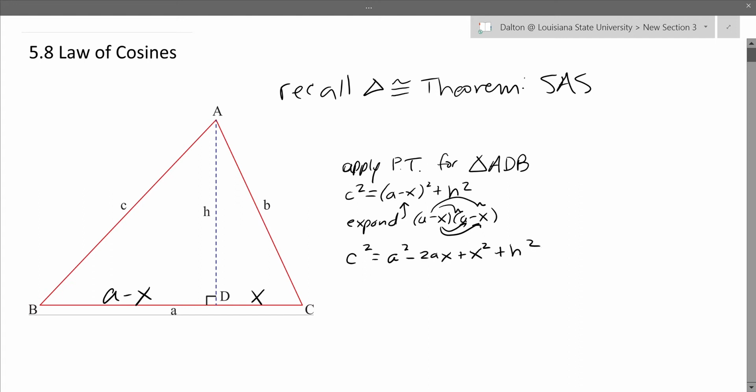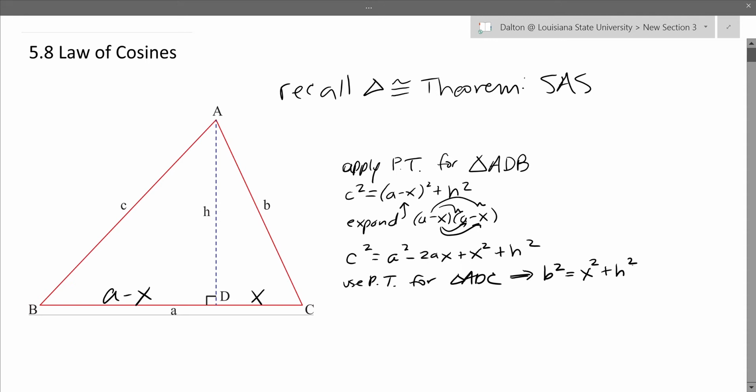Okay, then the next thing I want to do is rewrite h because it's not really a part of the big triangle. So in order to do that, I'm going to use the Pythagorean theorem for triangle ADC. And if I do that, that implies that b squared is equal to x squared plus h squared.